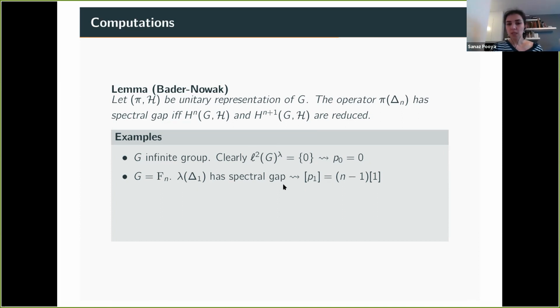What next? We know that the first L²-Betti number of the free group on n generators is n-1. And we know that the K-theory of the reduced C star algebra of Fn is Z generated by the identity. Putting all this together, we can identify the class of the Kazhdan projection as a multiple of the identity.